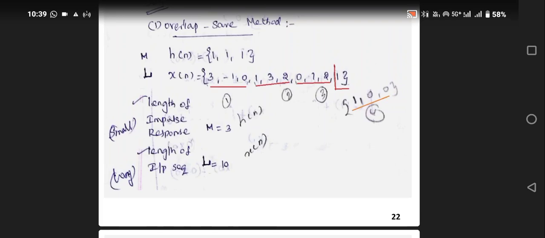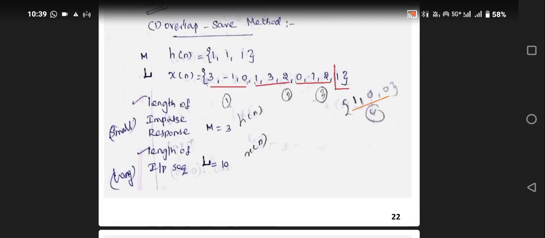Here we have to add two zeros in x1 of n. Last two data points from the previous block, three new data points.